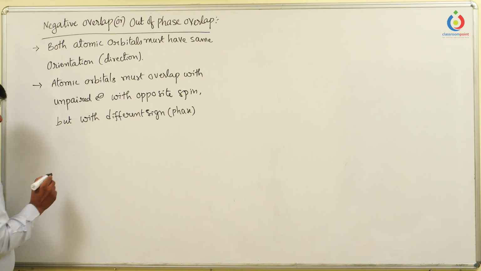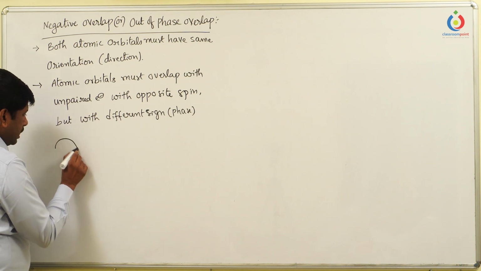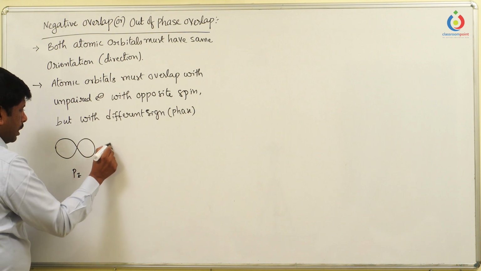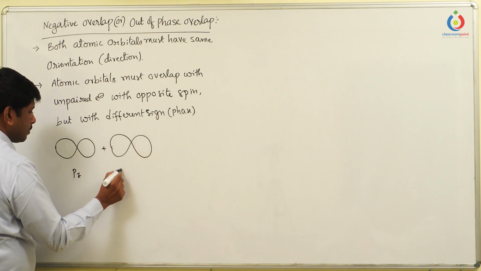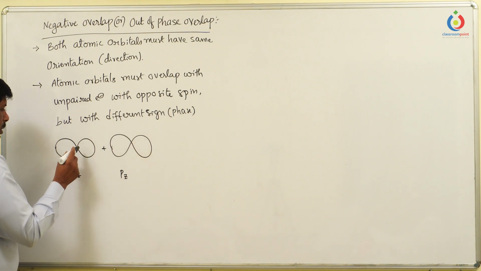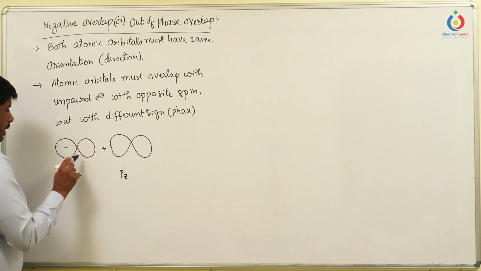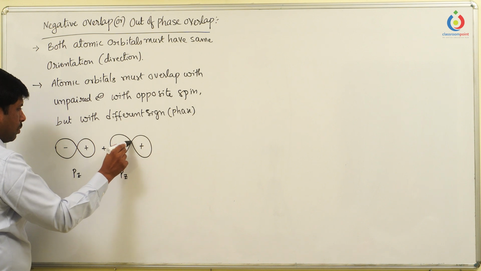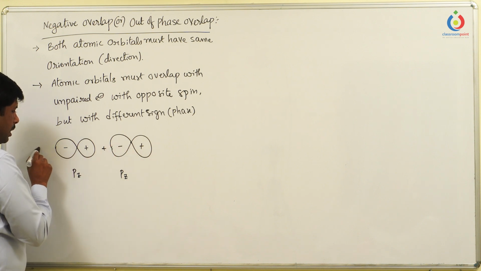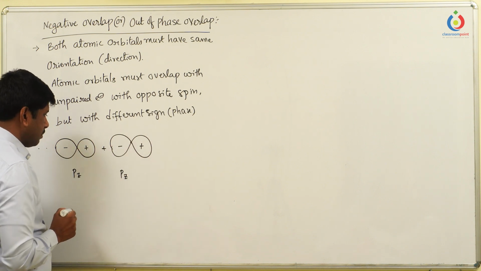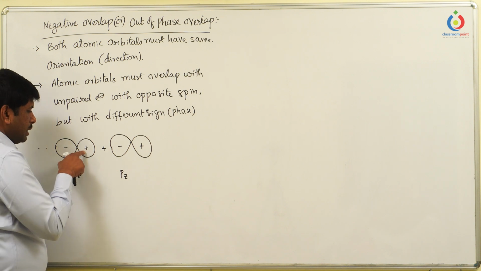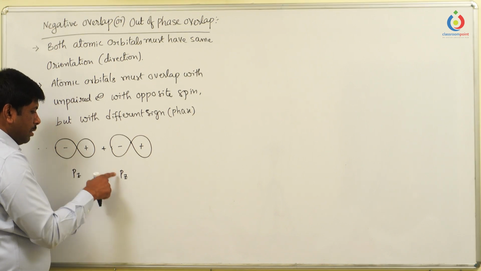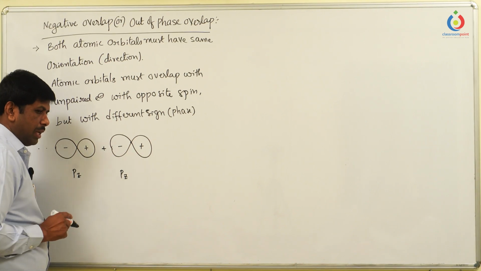Let us see now. When you take a pz orbital with another pz orbital, in this pz orbital this is the minus lobe, this is the plus lobe, this is the minus lobe, this is the plus lobe, and the overlapping also takes place along the internuclear axis. But the question is, in this pz orbital electrons are on the plus side, and in this case electrons are on the minus side.